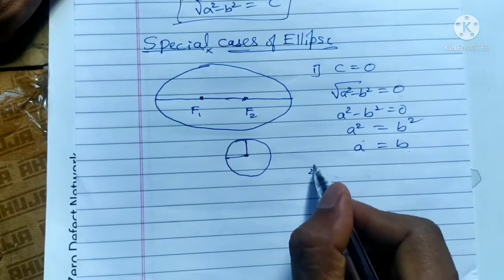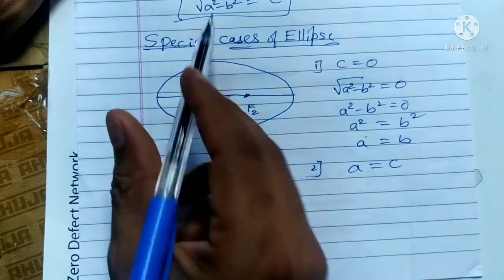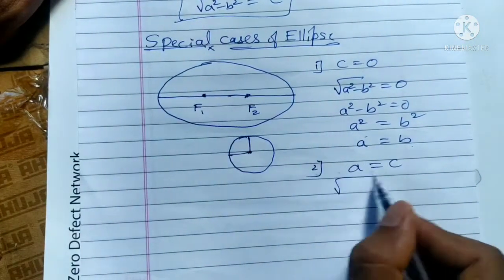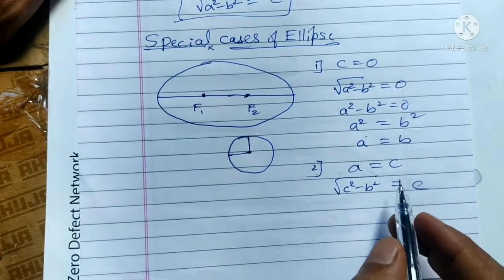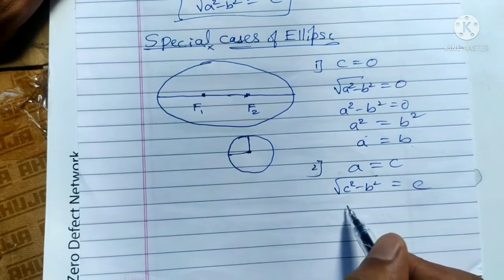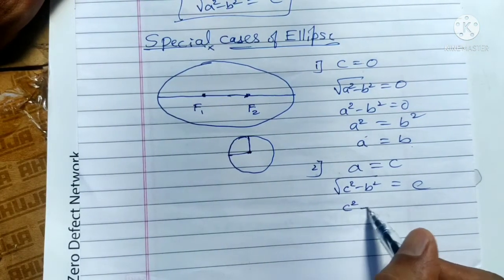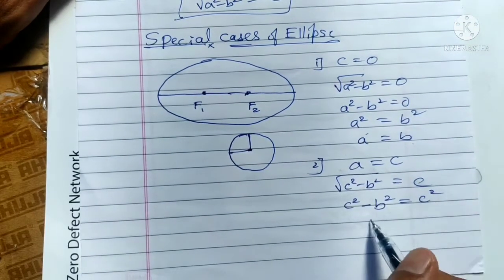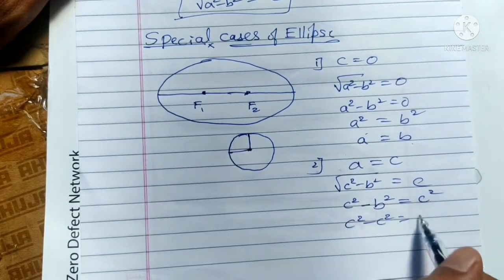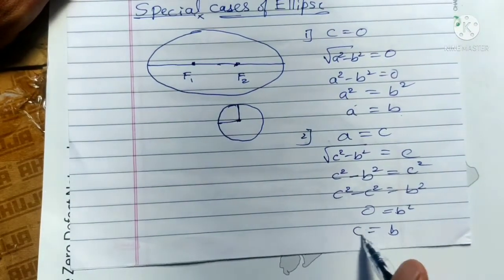The second case is when a is equal to c. So when a is equal to c, what happens here? The square root of a square minus b square is equal to c, so c square minus b square is equal to c square. So c square minus c square is equal to b square, that is b square is equal to 0, which implies b is equal to 0.